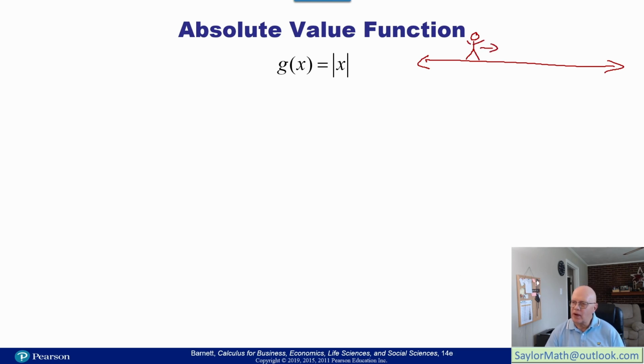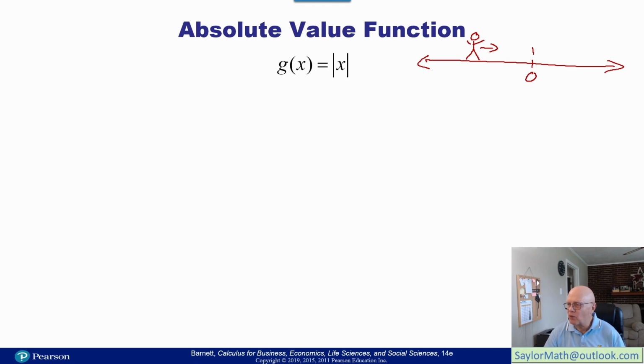And you're going in this direction. Now what this absolute value function is, is how far are you from the origin? Well, distance is never negative. So the absolute value function is not ever negative either.